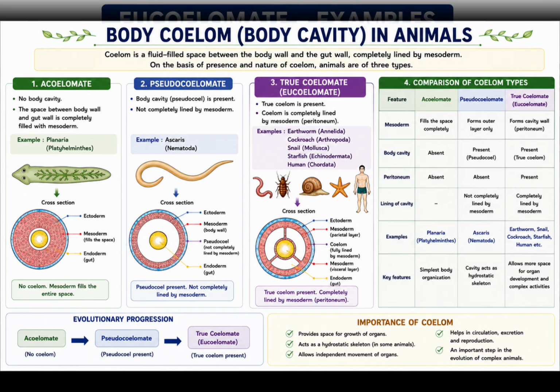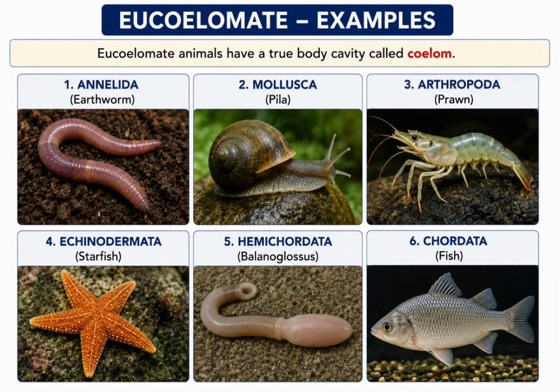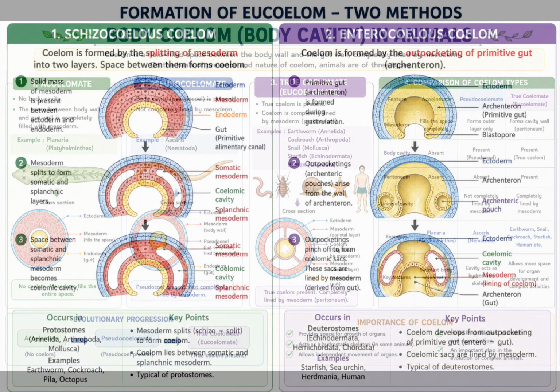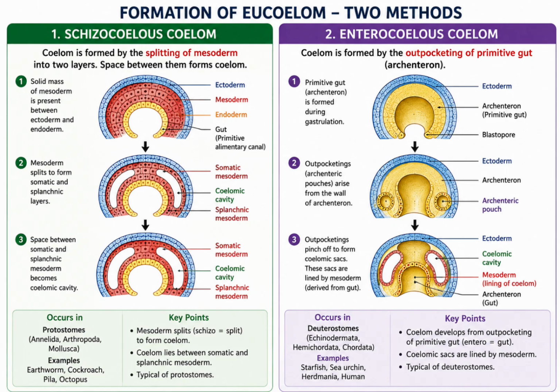For example, earthworm, cockroach, starfish, fish, frog, human, etc. It means onwards from the phylum Annelida, and its advantages are highly developed organs, better circulation, better reproduction and complex organ systems. If we see the formation of true coelom, it is of two types, schizocoelous coelom and enterocoelous coelom.